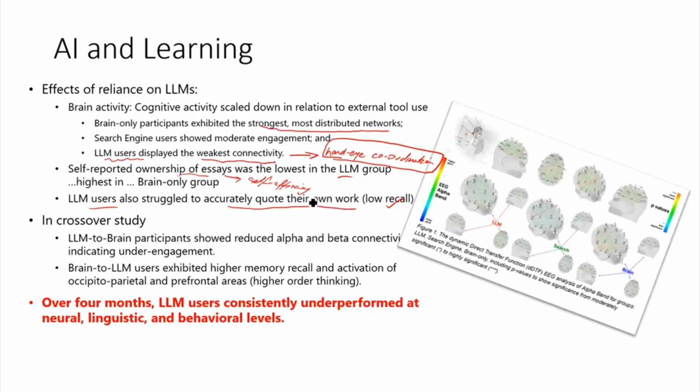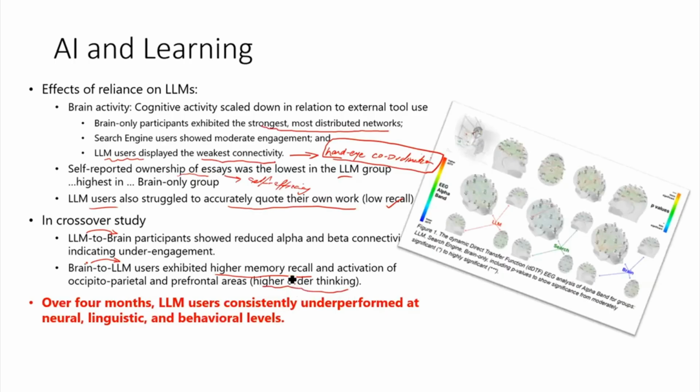But here's the twist. What they did was a crossover study. You could use an LLM and then do a second task where you use your brain. Or you could use your brain, so try and learn something, and then use an LLM to help you do a task later. If you go from brain to LLM, you actually get better learning and activation of higher order thinking.